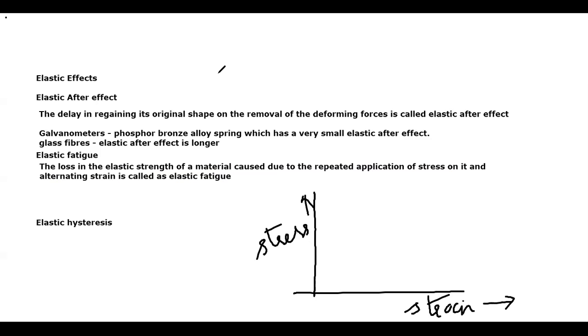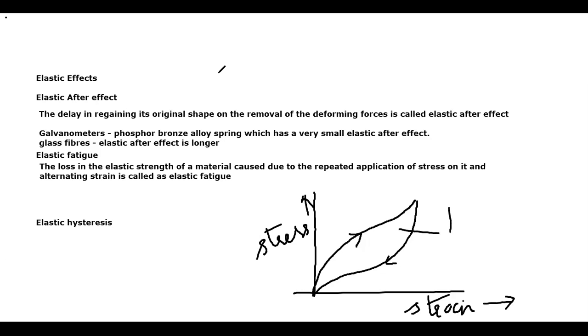If I'm going to keep on increasing the stress, let us assume that the body is not obeying Hooke's law. Let's say the body moved on like this. As I'm going to remove the stress, the body will not retrace its original path. Rather, it will follow a different path. So this is how you went up and this is how you are coming down by removing the stress.